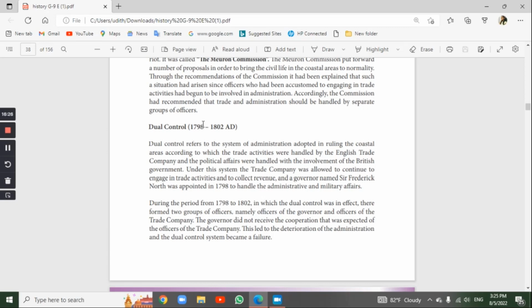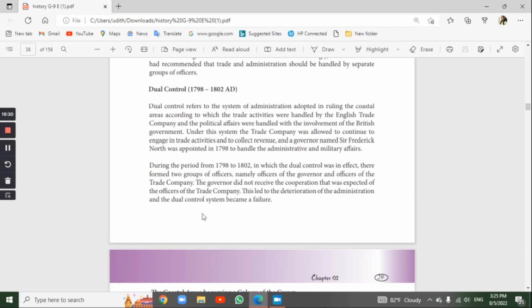So during the period from 1798 to 1802, the dual control was formed by two groups of officers: the officers of the governor and the officers of the trade company. The governor did not receive the cooperation of the officers of the trade company, so this structure of administration was not successful. It failed.